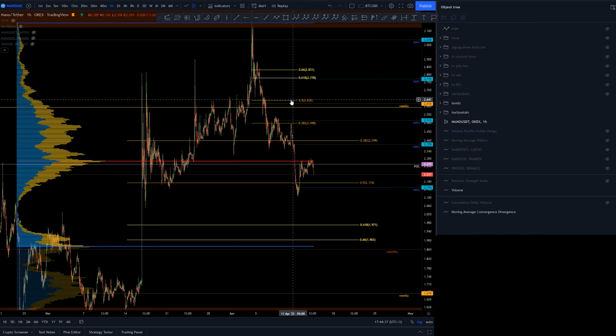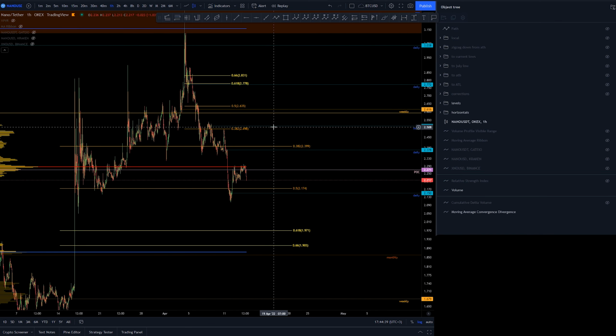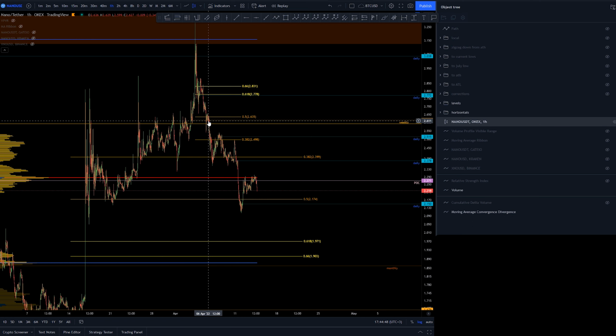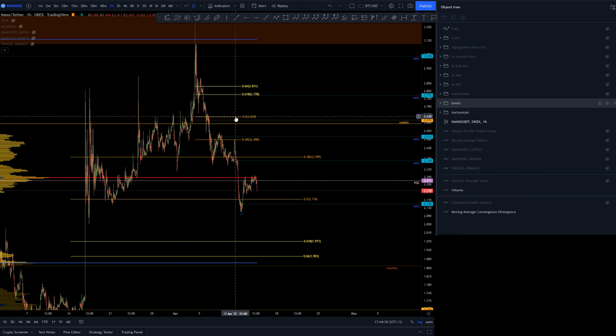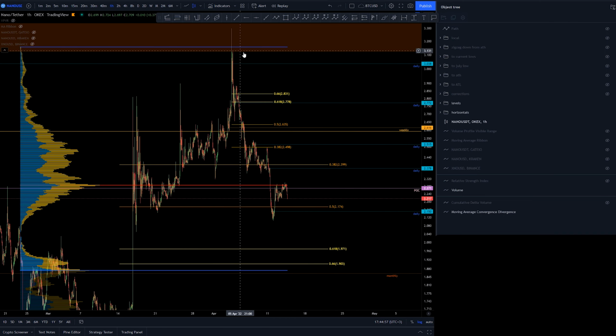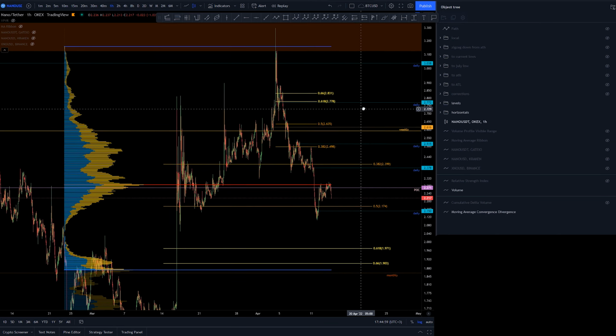Above us again weekly here, if we would crush through these levels, and this daily, naked daily as well, and this weekly has been run through already, so I wouldn't expect it to hold too much.